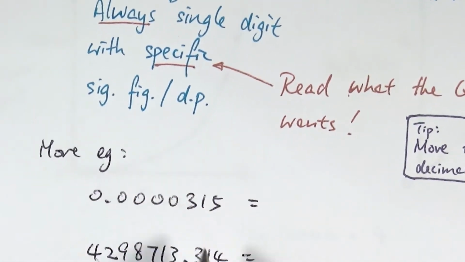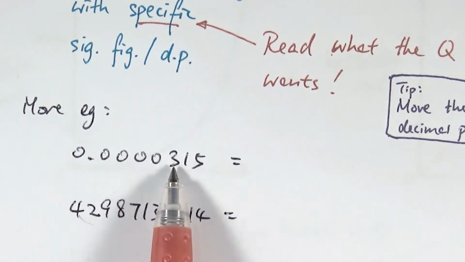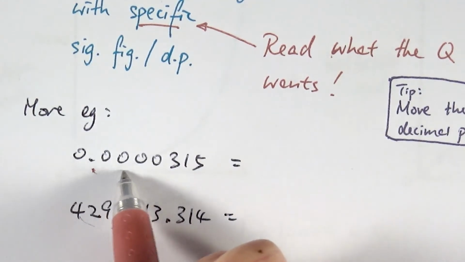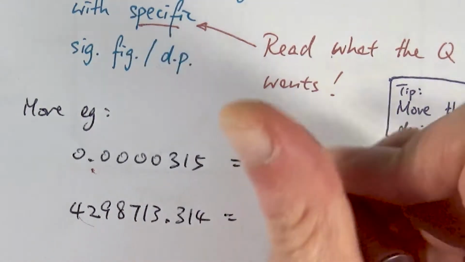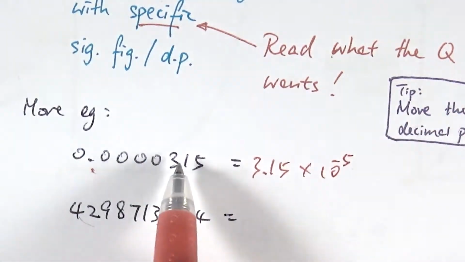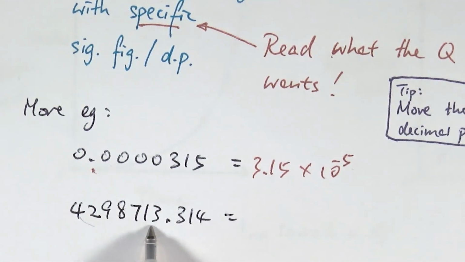So for example, in this one, 0.0000315, I move this decimal place 1, 2, 3, 4, 5. So it would be 3.15 times 10 to the minus 5, because it is smaller than 1. On this one, I have to move it that way, 1, 2, 3, 4, 5, 6.